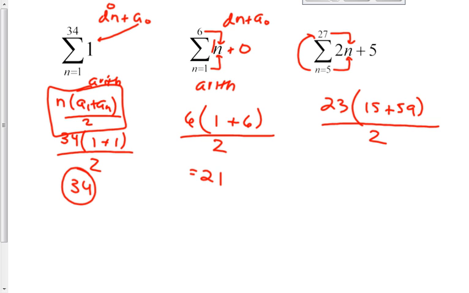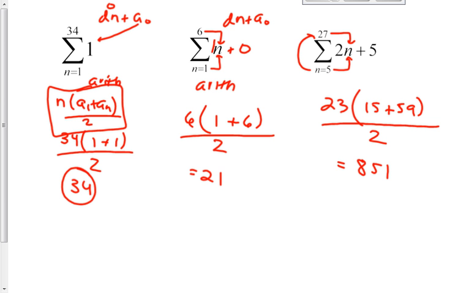And divide by 2. Now use your calculator. 15 plus 59 equals, times 23, divide by 2, and you should get 851.